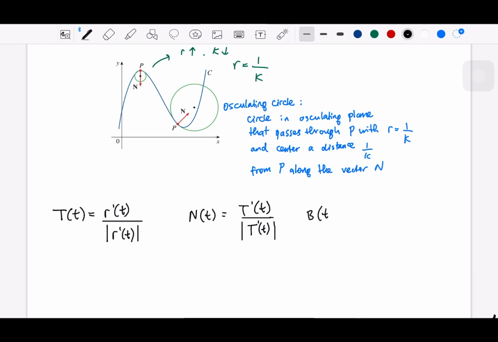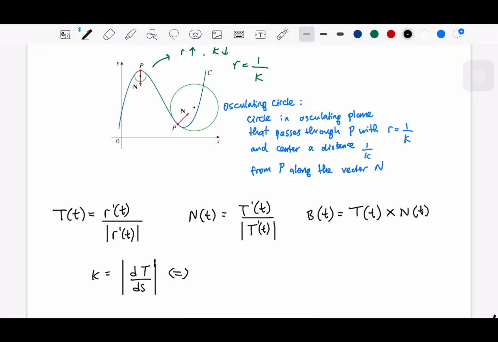And the binormal, the t cross n. And then remember that we have the curvature. That's by definition dt over ds.